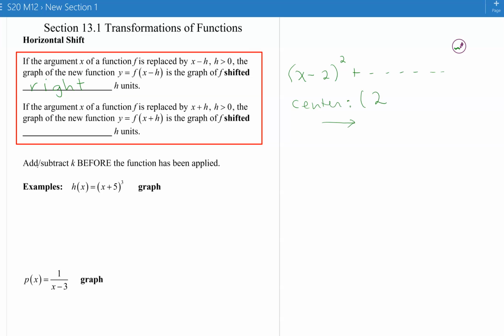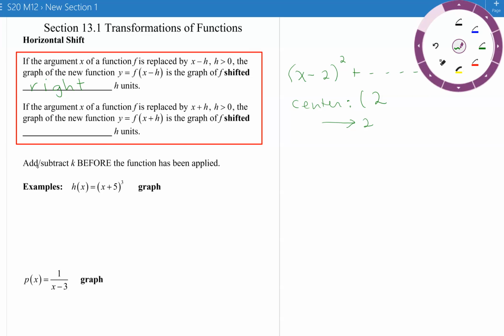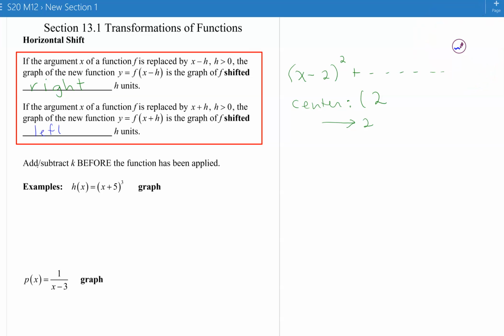Well, that had the effect of moving the graph to the right 2 from 0, 0, where it was originally. So subtracting before the function is applied shifts the graph to the right. Then adding, if you add something before you do the function, it's going to shift the graph to the left.